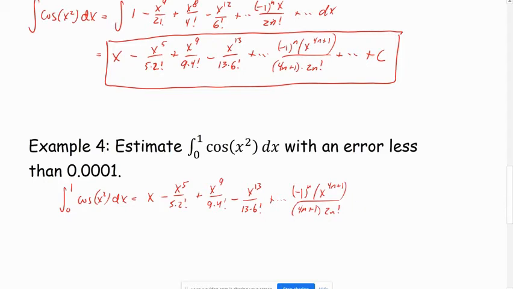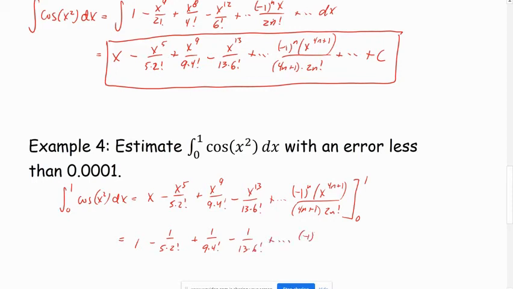And now we're going to evaluate that antiderivative at its endpoints 0 and 1. So when we plug in 1, we get 1 minus 1 over 5 times 2 factorial plus 1 over 9 times 4 factorial minus 1 over 13 times 6 factorial, and so on and so on.